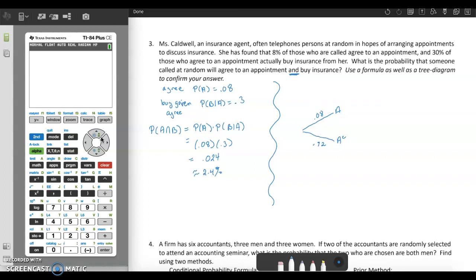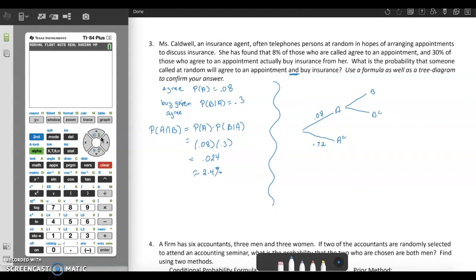Now off of the agree, because they have to agree to the appointment before, the bottom branch is basically dead now. If they don't agree to the appointment, everything stops. But if they do agree, now there are secondary branches that come off of that one, which is that they'll either buy or not buy the insurance.